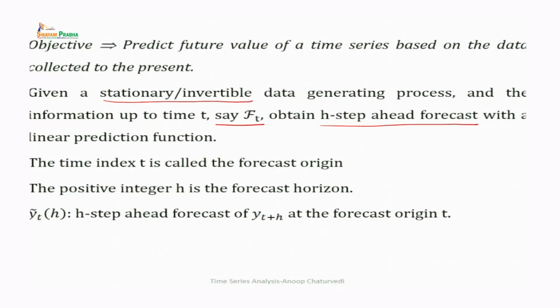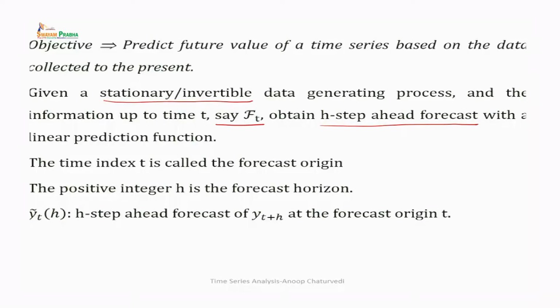With a linear prediction function, for predicting the value of y_(t+h), you make use of a linear function of y_1, y_2, ..., y_t. Then this time index t is called the forecast origin.